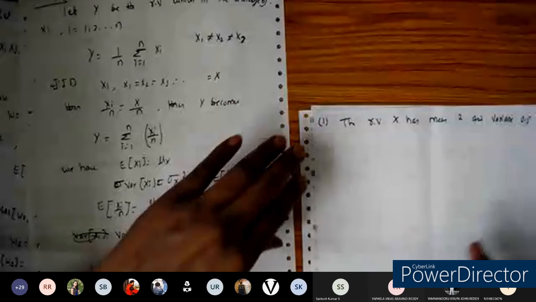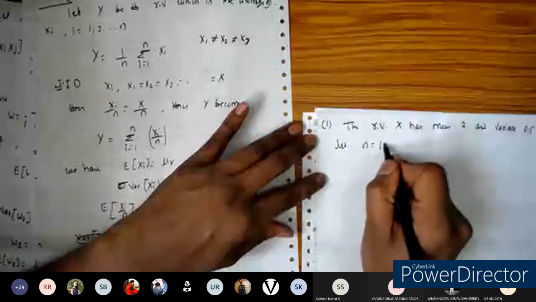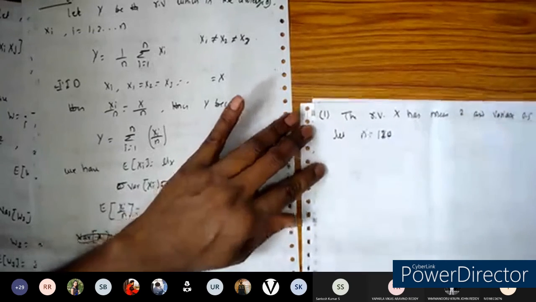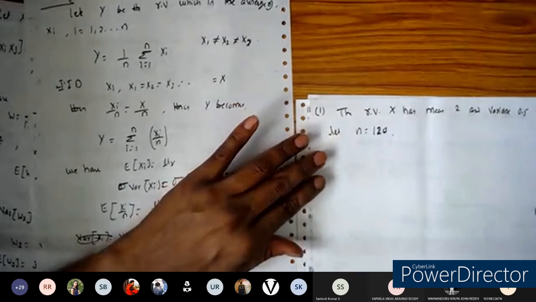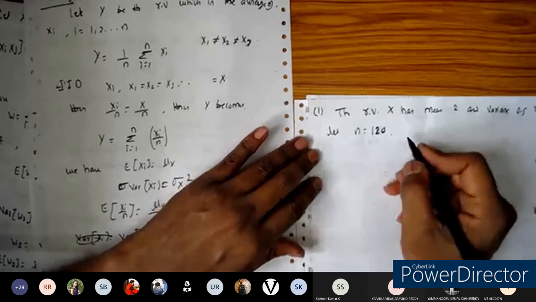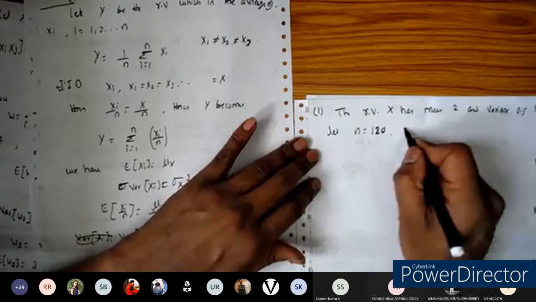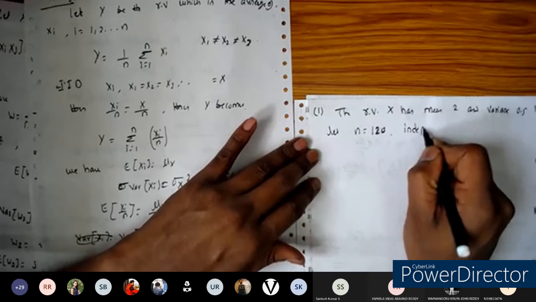Let n be equal to 120, 120 independent occurrences of x.